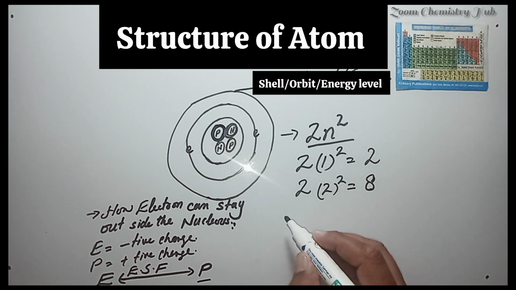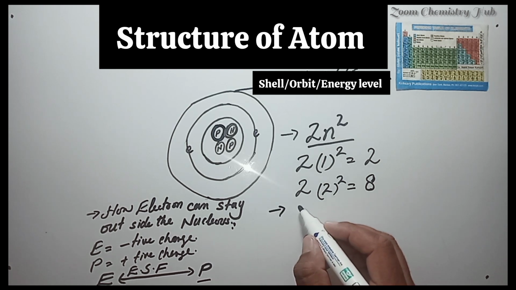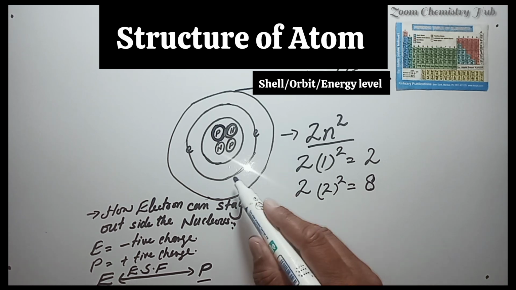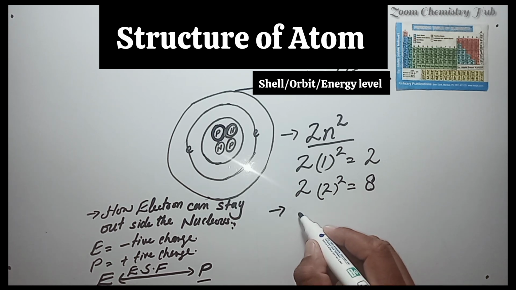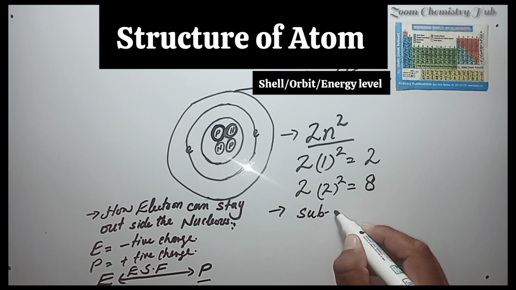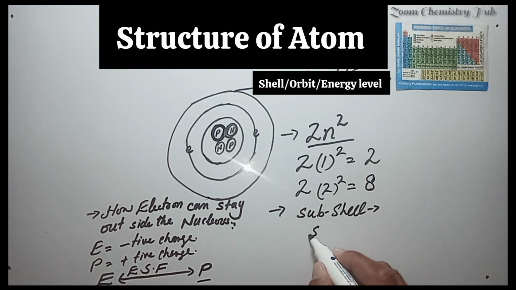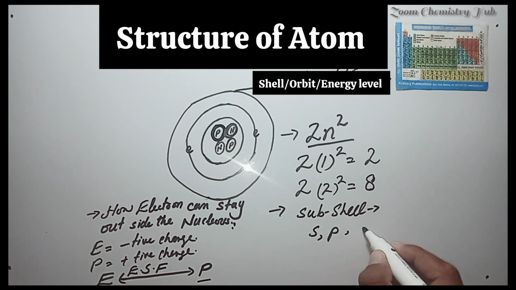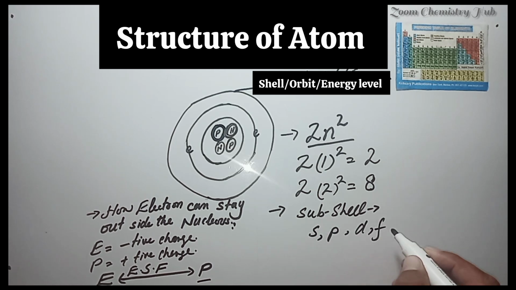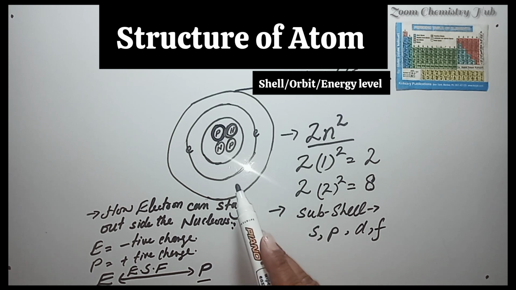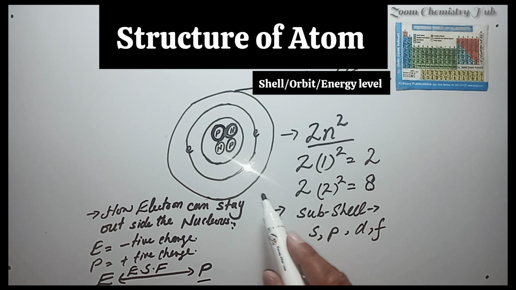Similarly, there are also subshells or sub-energy levels in the shell. There are 4 sub-energy levels or subshells, and these are S, P, D and F. In the shell, the subshells are present according to their shell number.